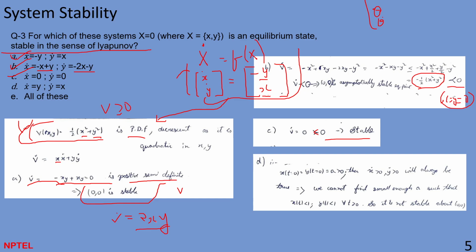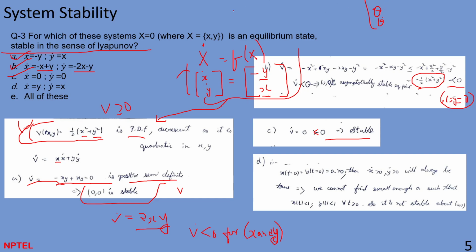Take x positive and y positive, then it is positive. So you don't really know always, so here in this case, you need to see for both x and y.